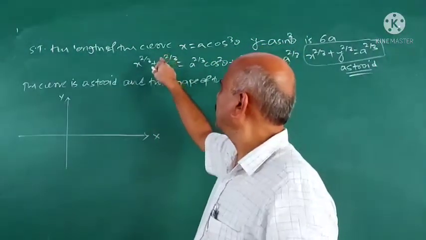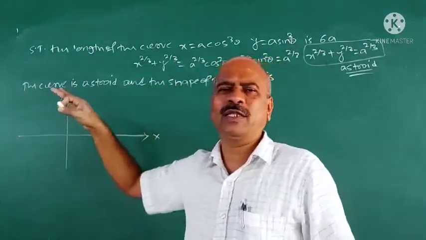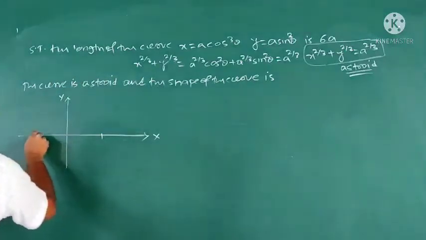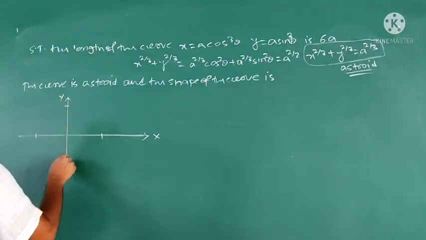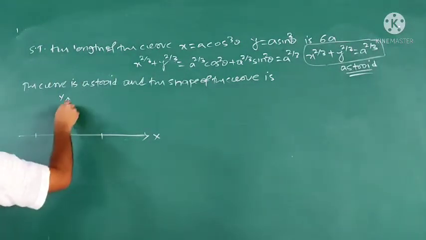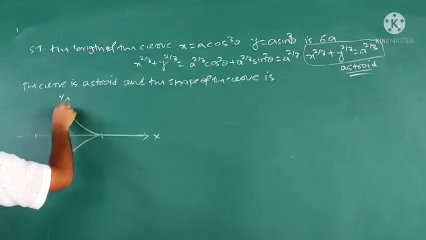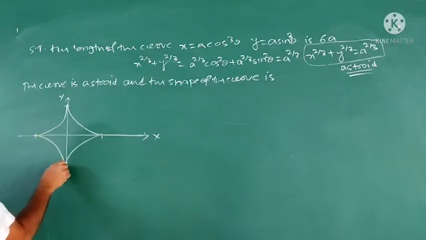The curve doesn't exceed these lines, x is a, y is a. That means the curve lies entirely within this region. And for one arc of the curve it is like this. And by symmetry the asteroid is like this.